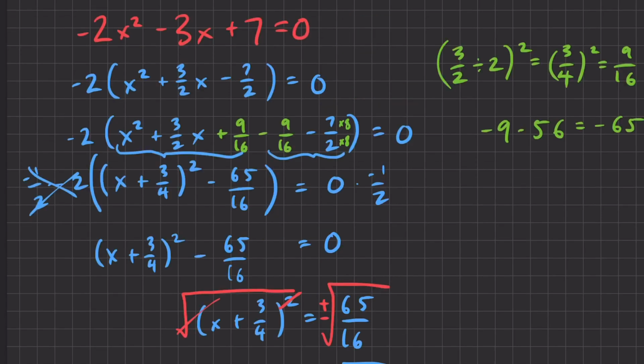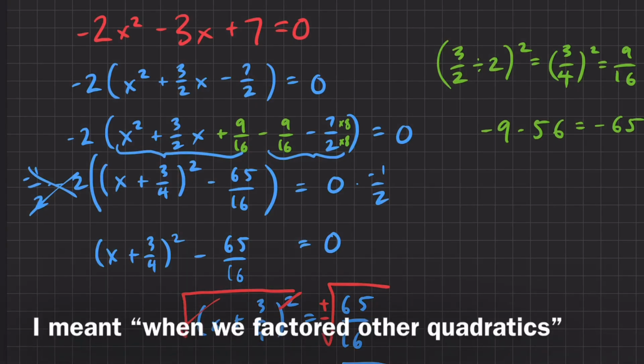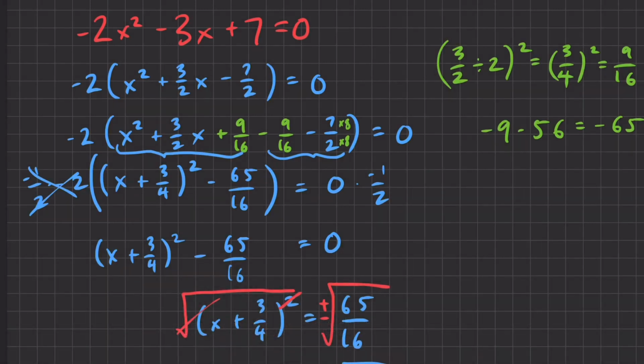Now, you might be asking yourself, why didn't we just factor it? When we factored it, it was so much easier. And the answer is because this would have been very hard to factor. So let's think about what would have been required to factor this. I would have to multiply 7 times negative 2, so I would get negative 14. And I would want factors of negative 14 that add to negative 3. That's pretty hard to do.